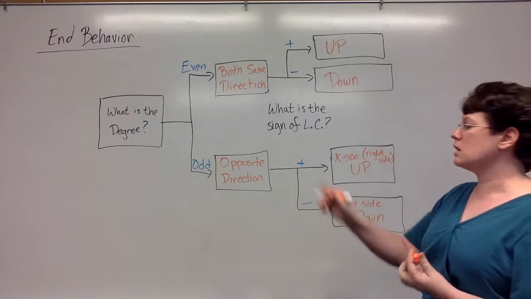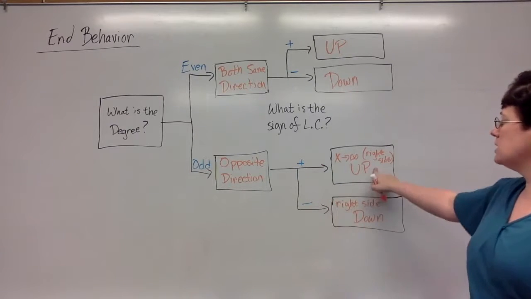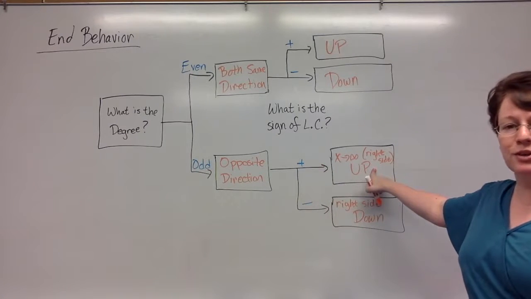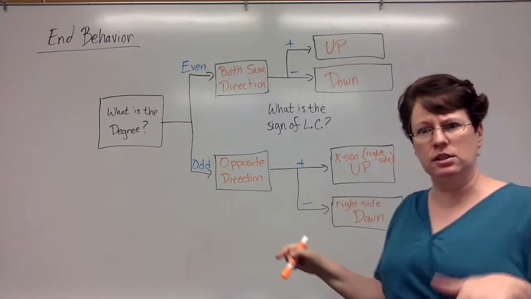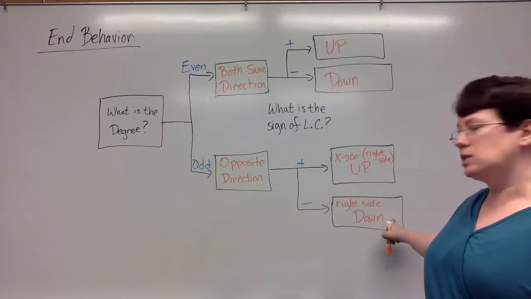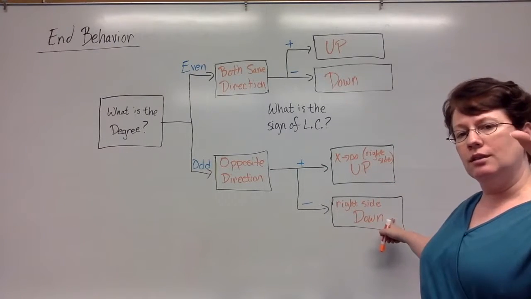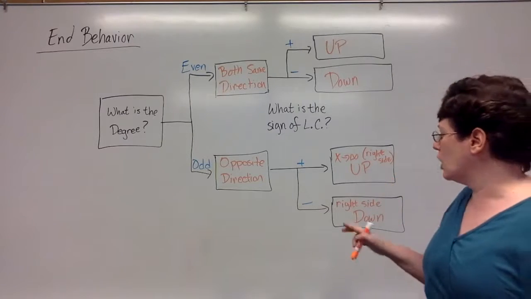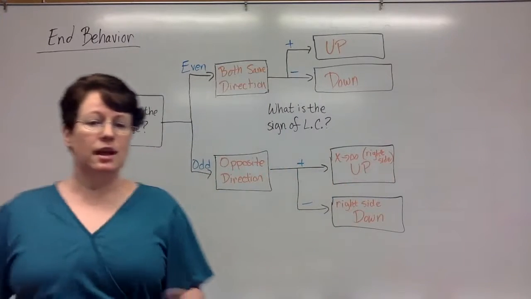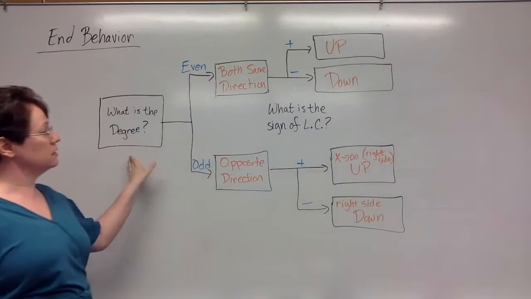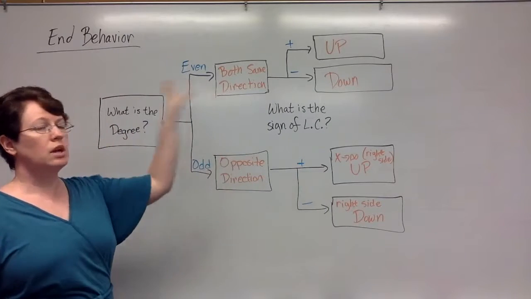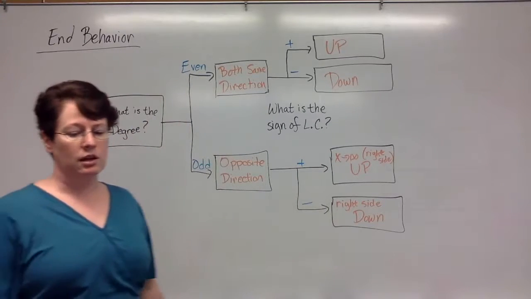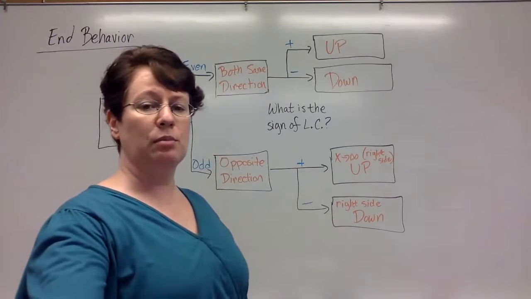And because it's opposite direction, if the right side's going up, what's the left side doing? Yeah, the left side's going down. And if the right side's going down, then the left side's going up. So our opposite direction tells us, and that's all the logic diagram is. If I ask these questions, it will tell me what the function looks like. So let's go ahead and do some examples in our next video.